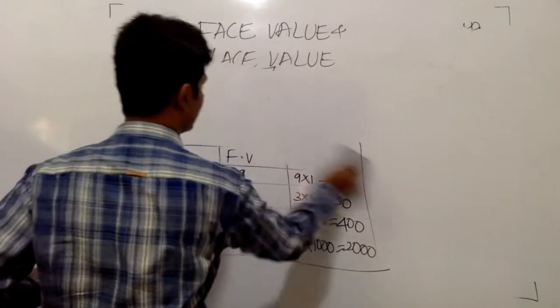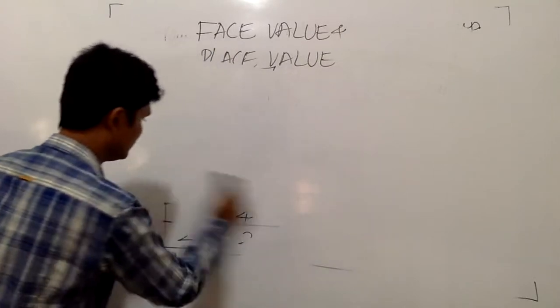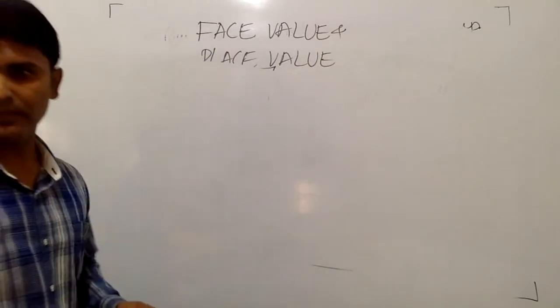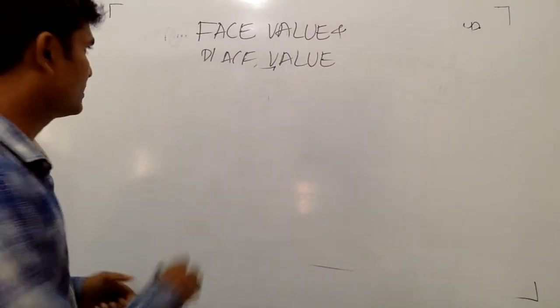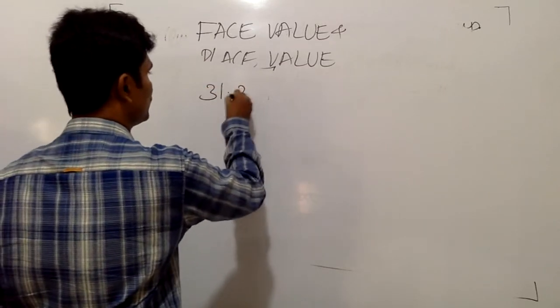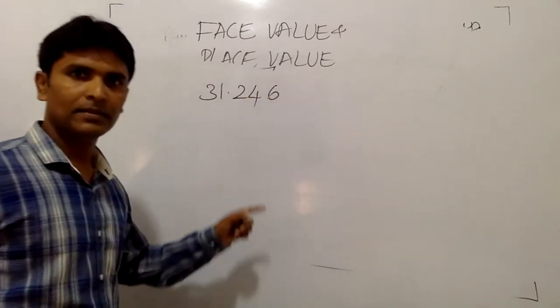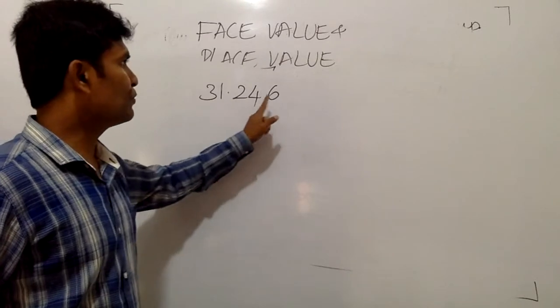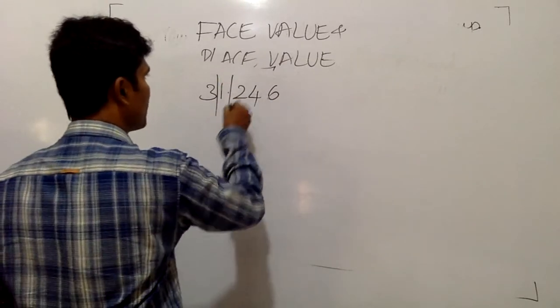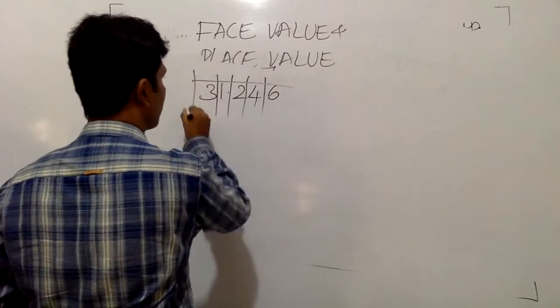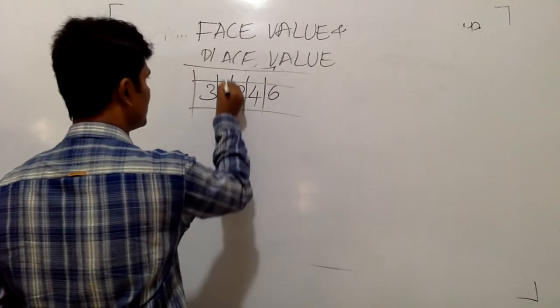Okay, I'll take a decimal number example. Let us take the decimal 31.246. You all know. See, this is a decimal point.